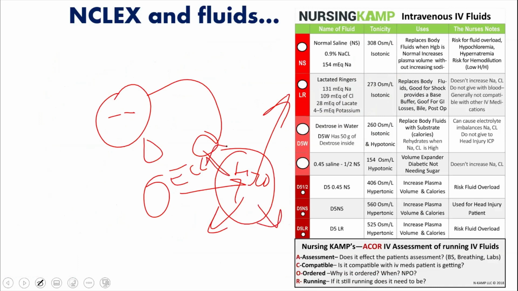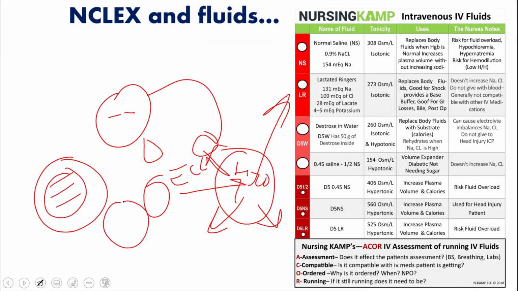So if somebody is euvolemic and this really fills the cells, they actually become hypovolemic, and that's acute, right? So blood pressure starts to drop. It's one of those things. Risk is also some fluid overload, so think of crackles and different things like that.